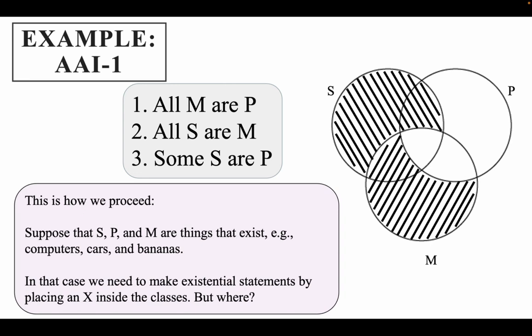For example, they are computers, cars, bananas, babies. In such a case, I would have to take into consideration the existential assumption. In other words, I have to diagram the X. But where? Where do I put the X?